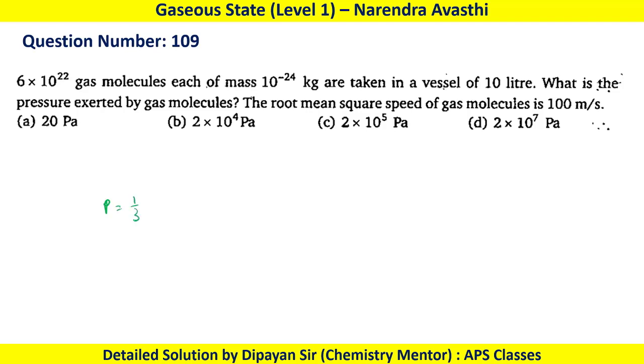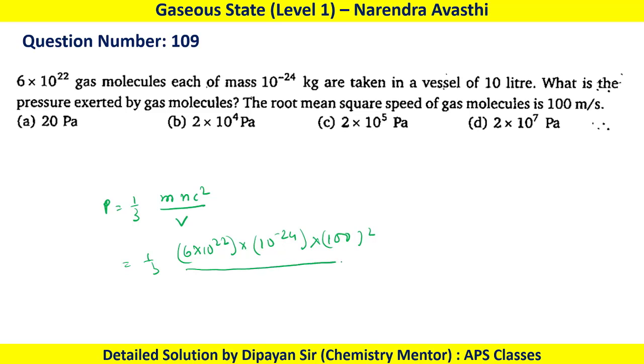Pressure is 1/3 mNc square by V. So 1/3 into 6 into 10 to the power 22 number of molecules of gas, each of mass 10 to the power minus 24, and C is given by 100 square, divided by volume, 10 liter, that is 10 to the power minus 3. So if you calculate this, the pressure will become 2 into 10 to the power 4 Pascal, that is option B. So option B will be the correct option.